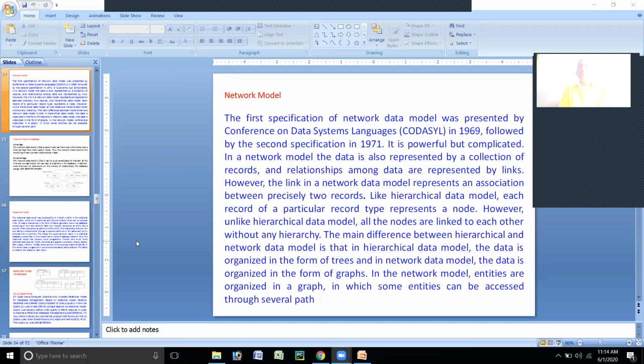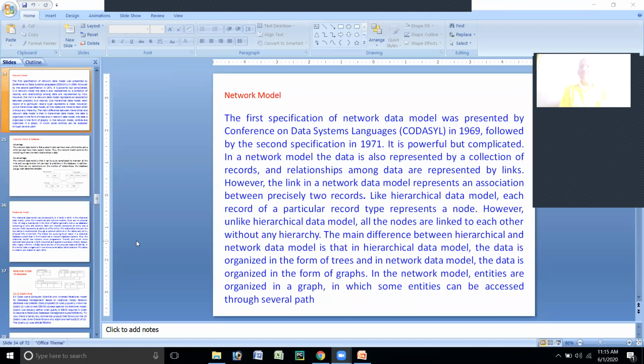However, the link in a network data model represents an association between precisely two records. Assume one parent and one child; both are linked with the help of one link.